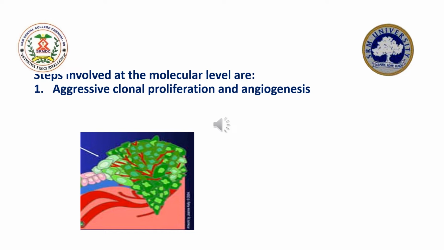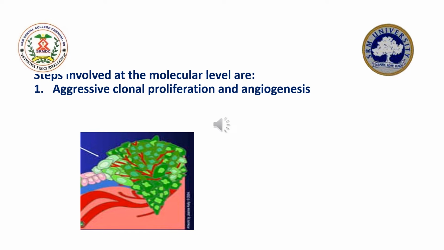Rather than responding to the signals that control normal cell behavior, cancer cells grow and divide in an uncontrolled manner, and then they invade the normal tissue and organ and eventually spread throughout the body. This is the clonal proliferation of cancer cells.